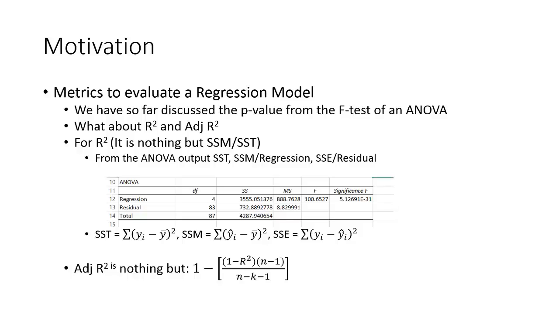Take the example where you have only 10 data points. You should technically be able to fit a function that will go through all these 10 data points if you say I'm willing to fit a ninth order polynomial.